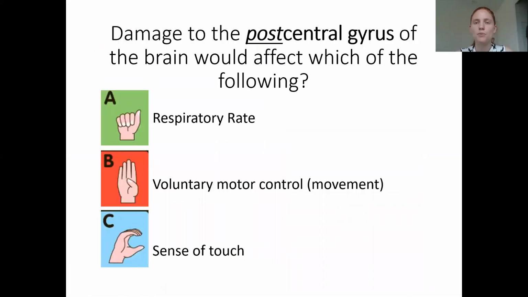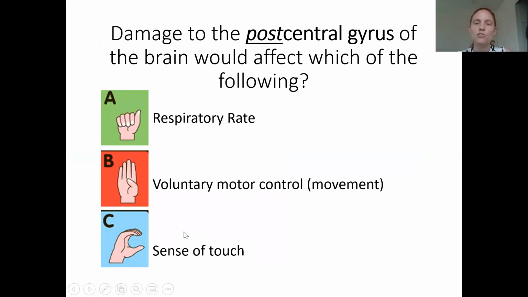Okay, little mini quiz, let's see what we got. If you had damage to the postcentral gyrus, post meaning behind the groove, the central gyrus, what type of symptoms would you experience? Would you have damage to respiratory rate, the voluntary motor control, or the sense of touch?